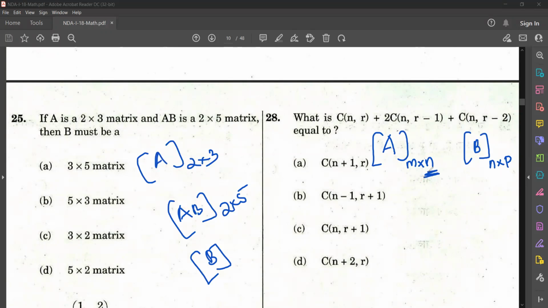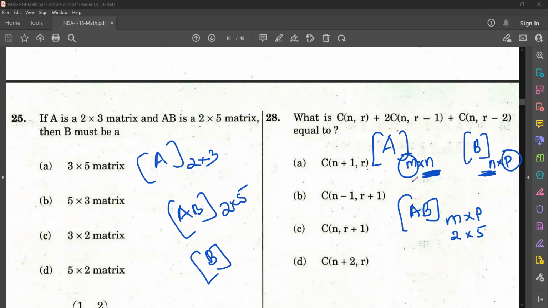Then we get AB as M by P, the remaining order. So here, AB is 2 by 5.